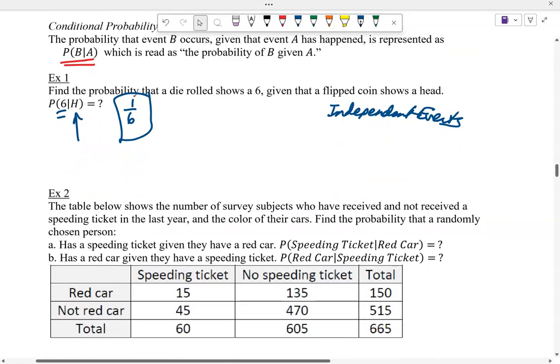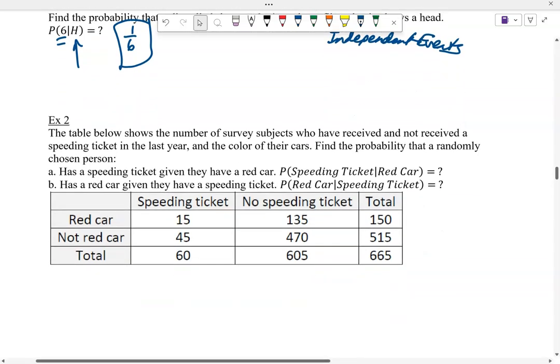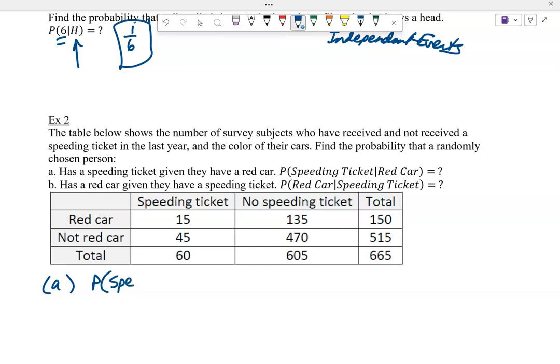Independent events. The table below shows the number of survey subjects who have received or not received a speeding ticket and the color of the cars. Find the probability that a randomly chosen person, let's do part A, has a speeding ticket given that they're driving a red car.